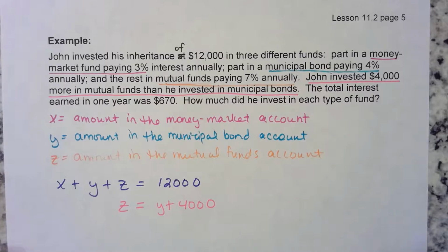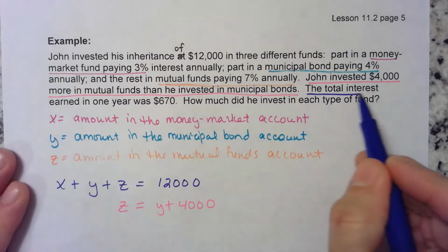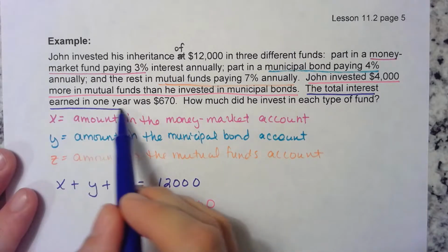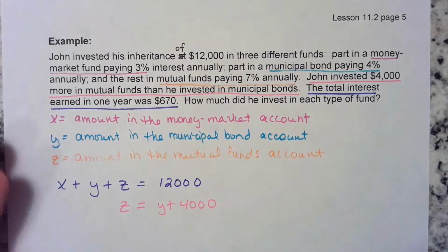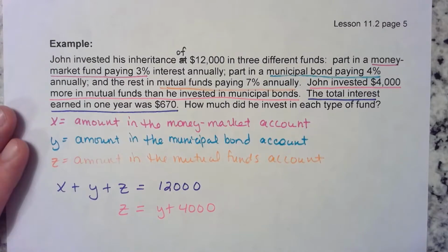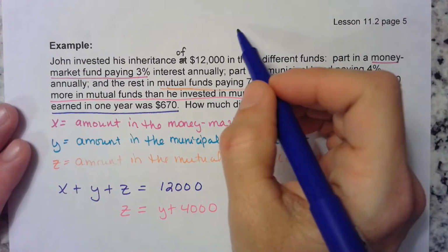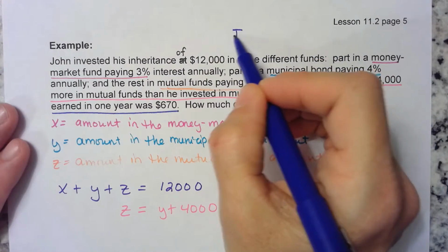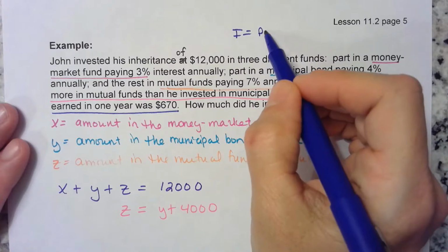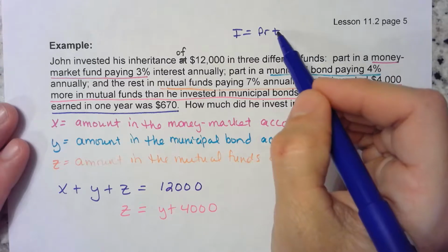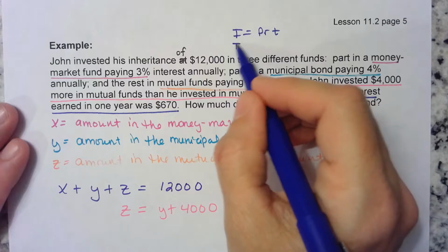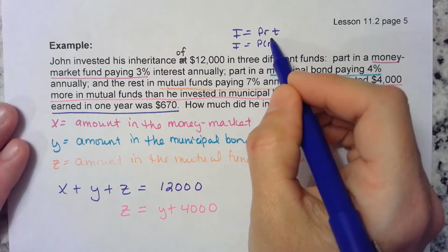Well, what else do we know? The total interest earned for 1 year was $670. Since we're talking about 1 year, we can use a simple interest formula. Interest equals principal times rate times time. But time is 1. So interest is equal to principal times the rate.